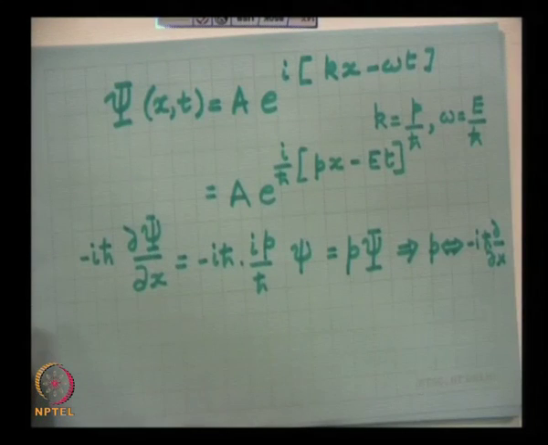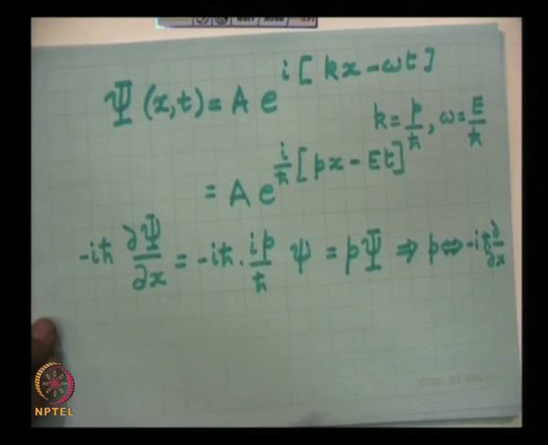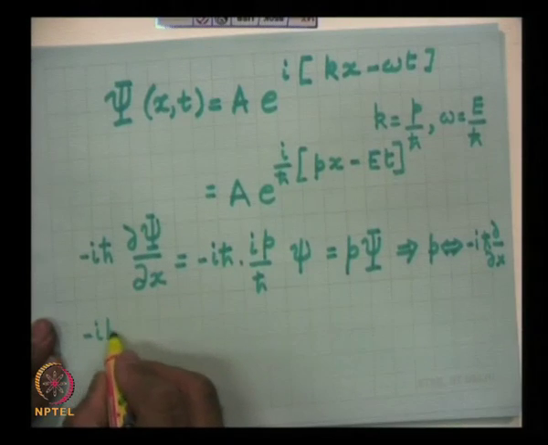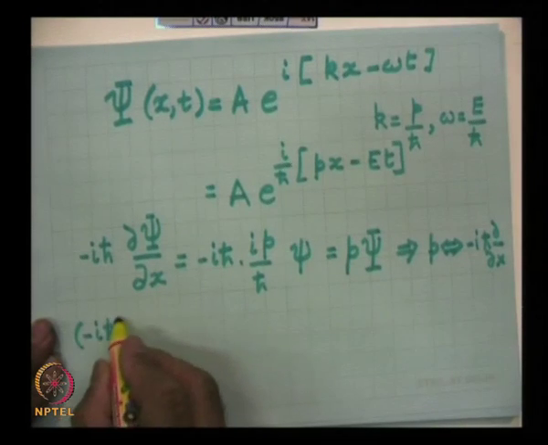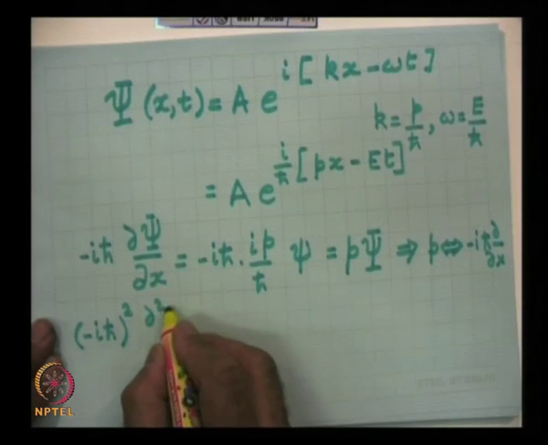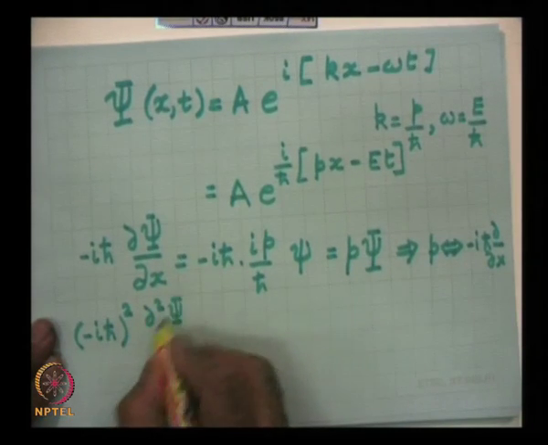I differentiate this again. So, I get minus i h cross times minus i h cross, that is whole square, again differentiate, so ∂²ψ/∂x².